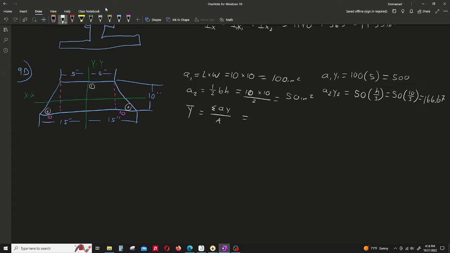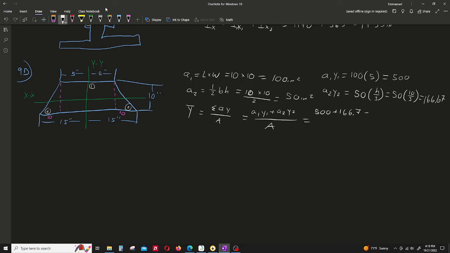So therefore, our sum up here, A1 y1 plus A2 y2 divided by A, is going to be equal to 500 plus 166 point, I'll just say 0.7. And remember, there's two of them. So when we do this part of the problem, remember there's two triangles that we have to deal with.